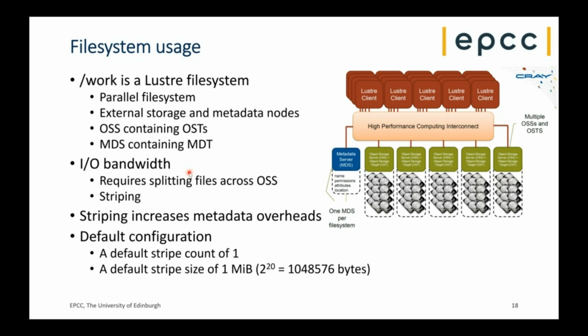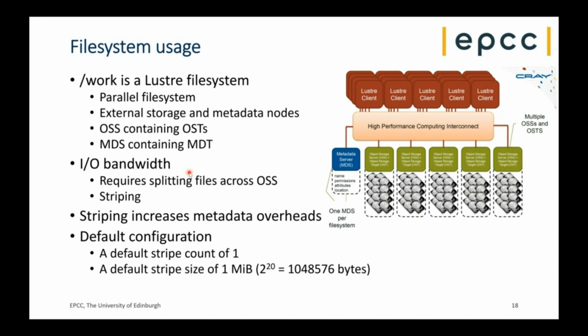However, striping has an overhead. So if each file is only ever accessed by one worker, then striping it across different resources is not going to help you, and in fact, it will increase some of the overheads of looking at that file and getting the data out of it.